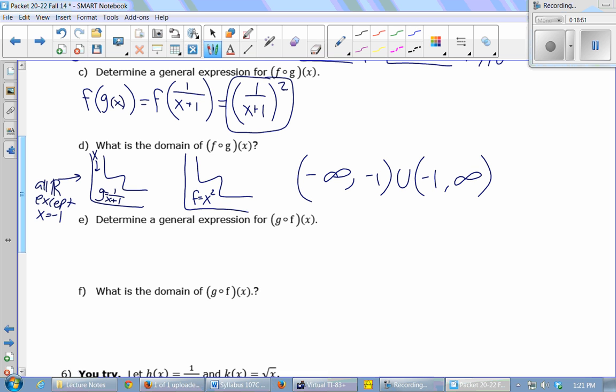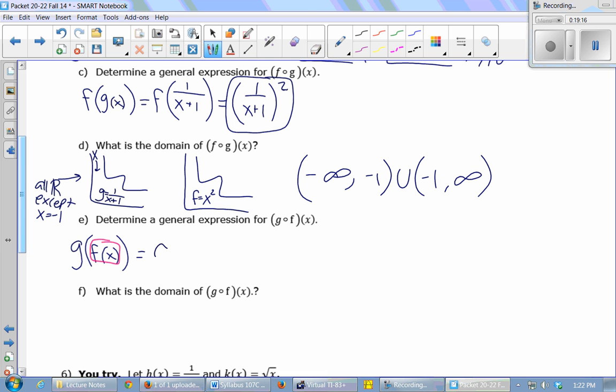All right, let's do the reverse order. Let's do a general expression for G composed with F. Okay, so this is G of F of X. What's my formula for F of X? X squared. So I'm just going to make a substitution. I'm going to replace F of X with its formula, right? So F of X is the same thing as X squared.